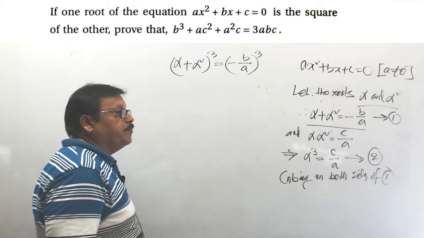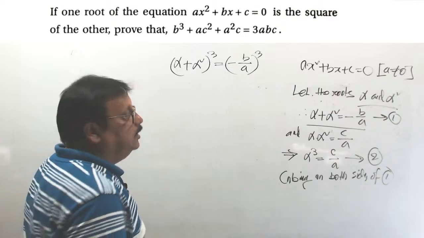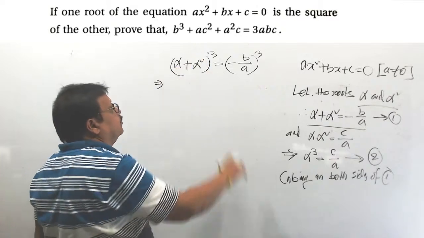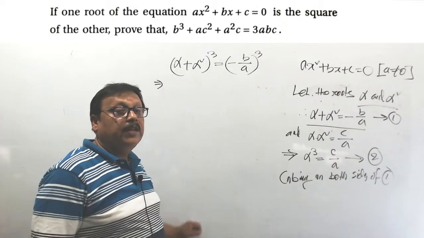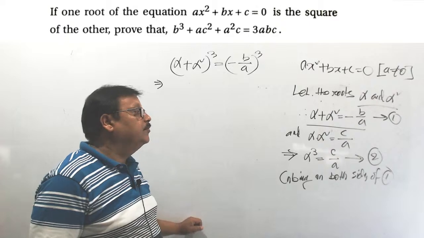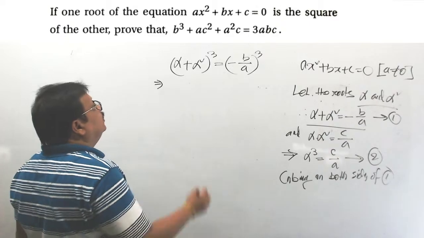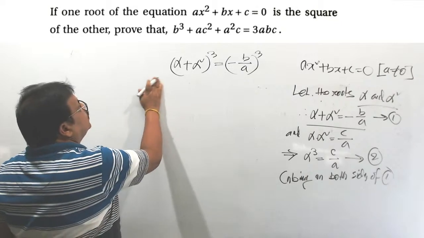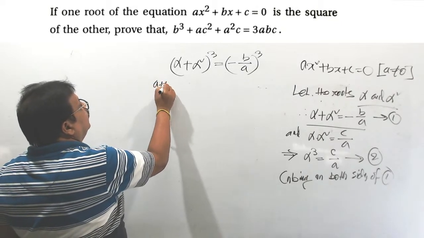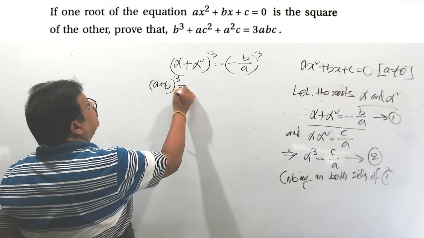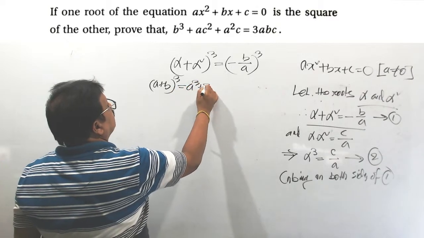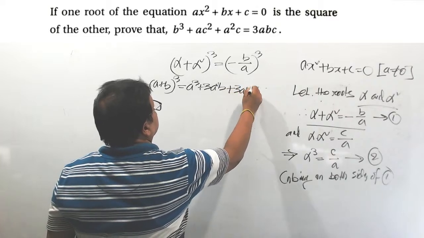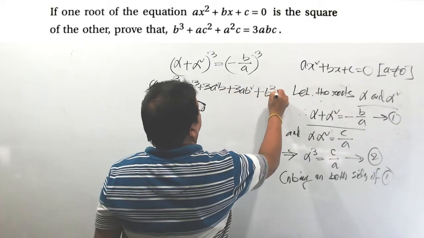Do you understand? See what this implies, a plus b whole cube. What is that formula? a plus b whole cube equals a cube plus thrice a square b plus thrice a b square plus b cube.